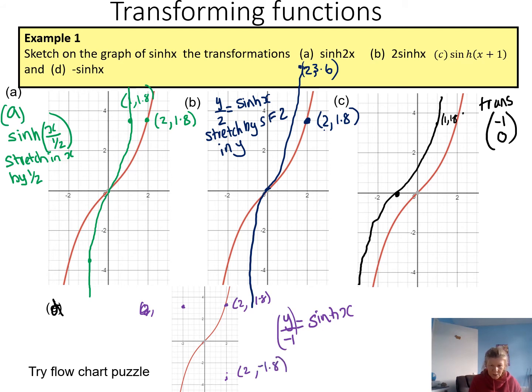There we go. So that's going to become like that, and that one becomes like that. That should be a bit of A-level maths, isn't it? Actually, just right there, that was a reflection.